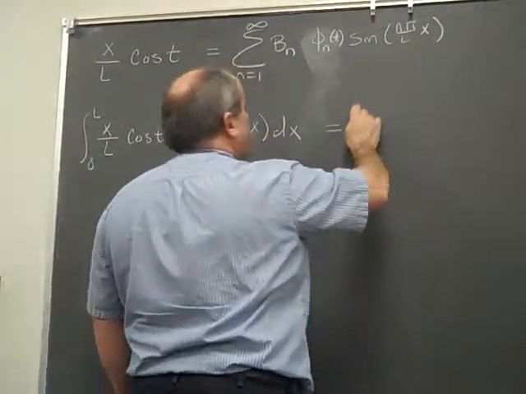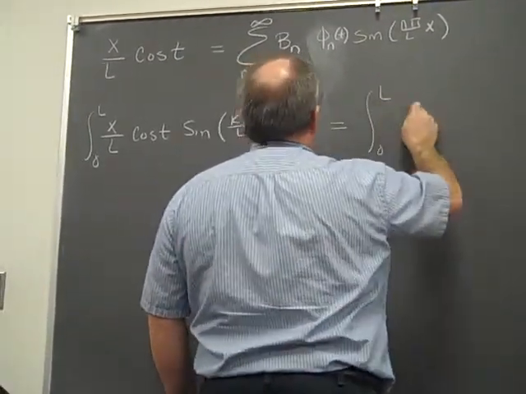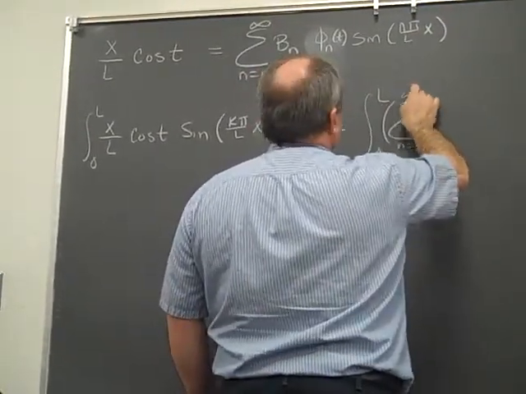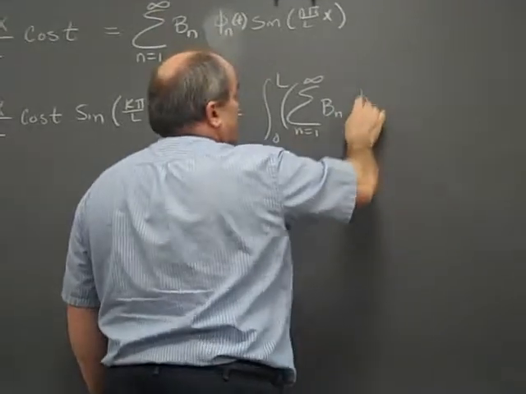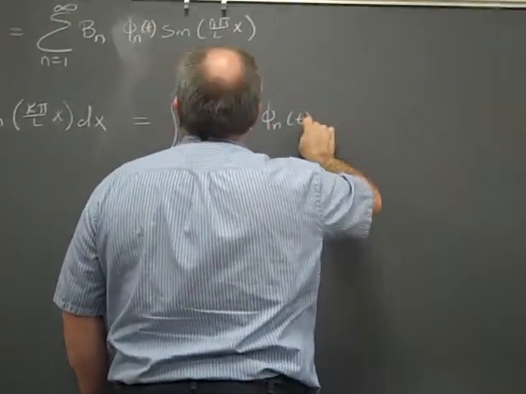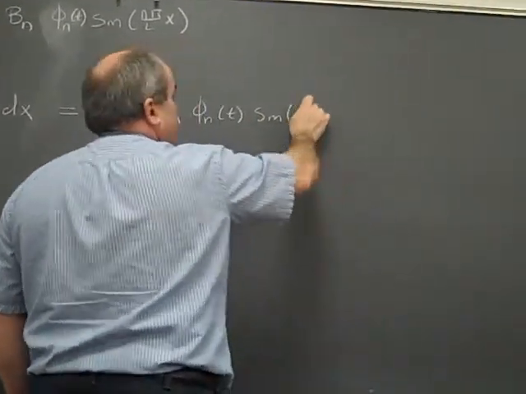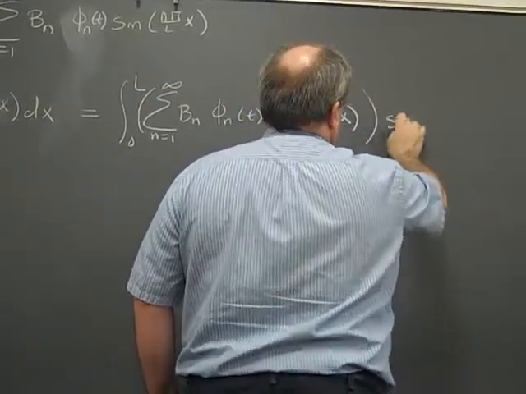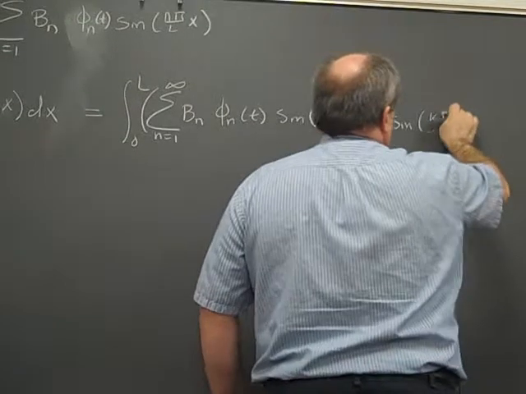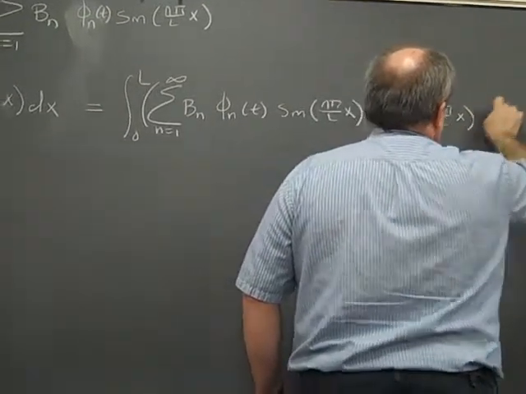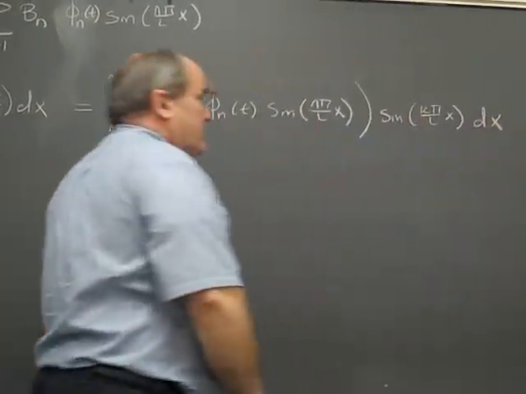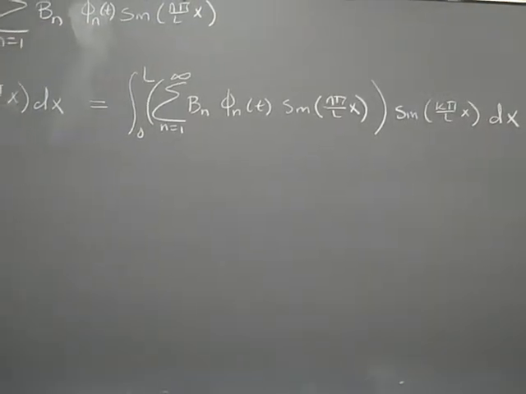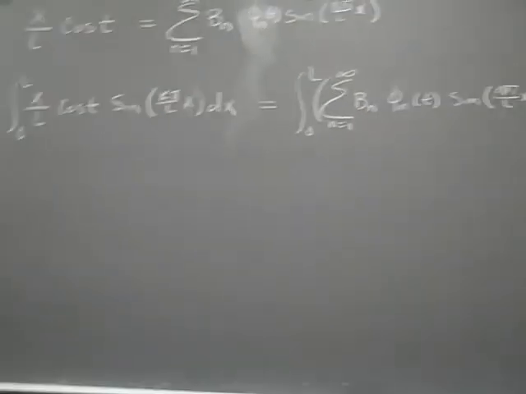And so over here, we're going to have the integral from 0 to L, the sum from n equals 1 to infinity, b sub n of t, sine of n pi over L x, multiplied by the sine of k pi over L x, and integrate. So we multiply both sides by the sine of k pi over L x, and then we integrate over the domain from 0 to L.